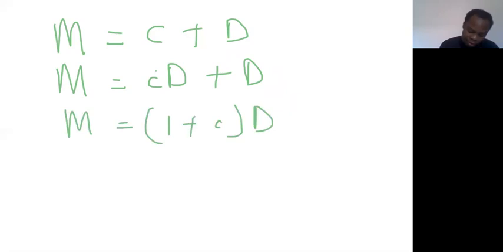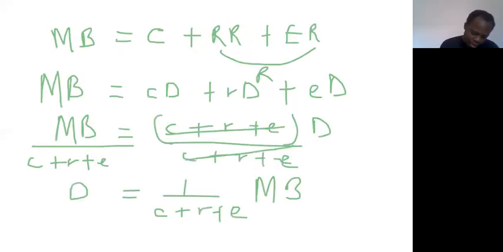And when we solved for the first equation, we had D as equal to what? D as being 1 over c plus R plus E, times the monetary base, right? That means in place of the D in the second equation, I can write this one there.